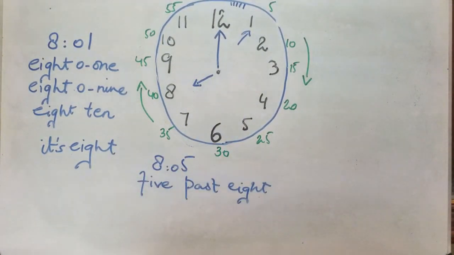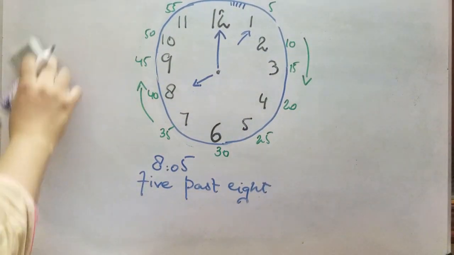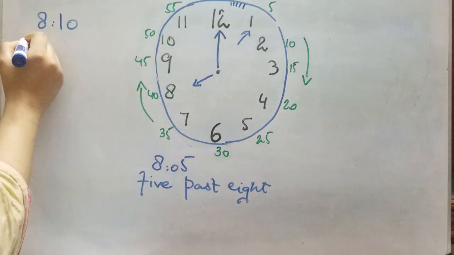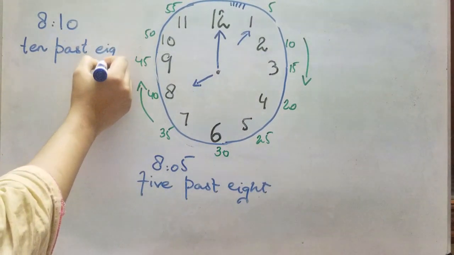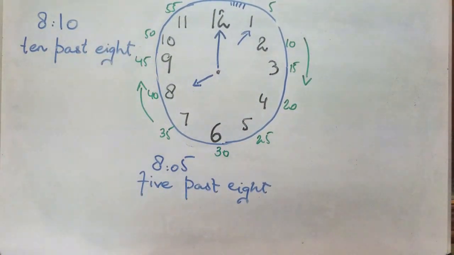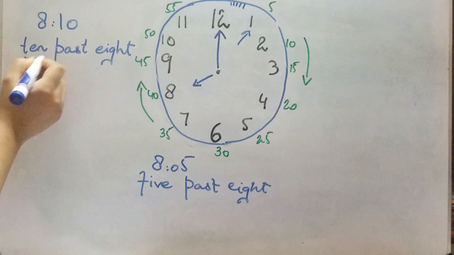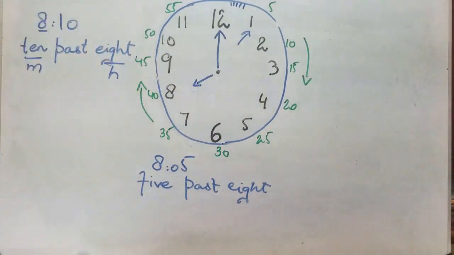If it was 8:10, they will read it as 10 past 8. Remember, when you are reading it in this way, you say your minute first, and then after past, you say your hour. Okay, so it's 10 past 8.